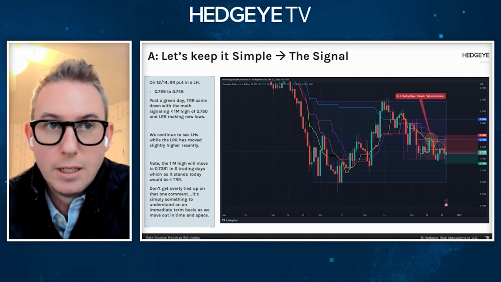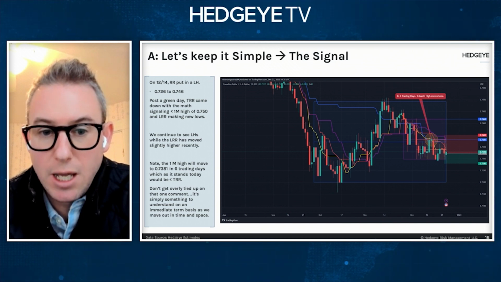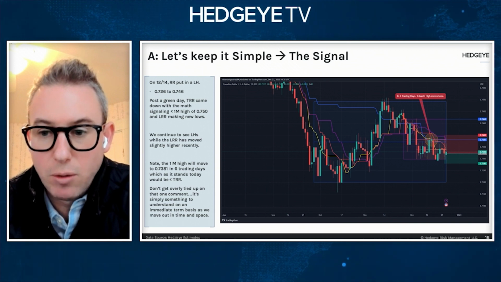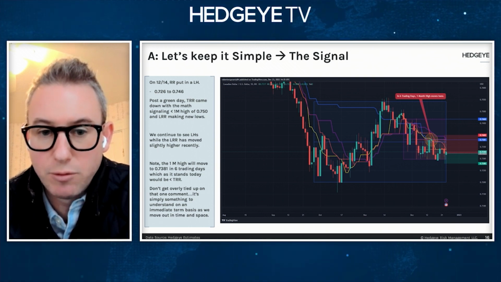The thing you should be noticing, and should start incorporating into your analysis, is that the top of the risk range came down with the math signaling a lower 1 month high. At the time, that 1 month high was exactly 0.750. So that 0.746 was below the 1 month high of 0.750.